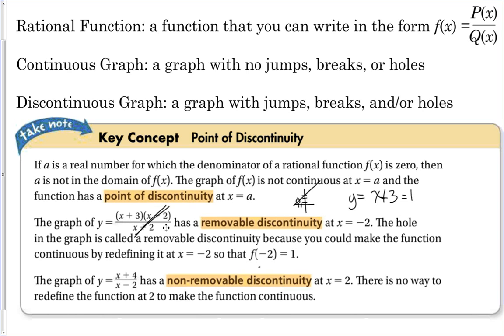All right, you just plug in, and then you're just left with y equals x plus 3. You plug in the point where you have your discontinuity, and then you solve, and then you've basically now redefined the function at -2. Okay? We're going to do some examples, so if that's confusing.